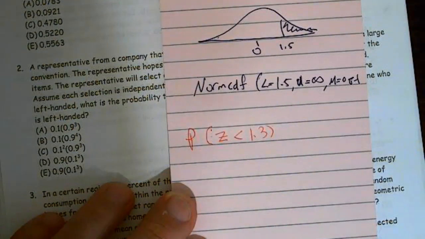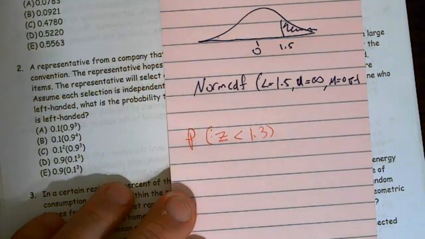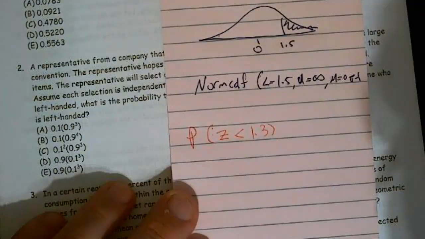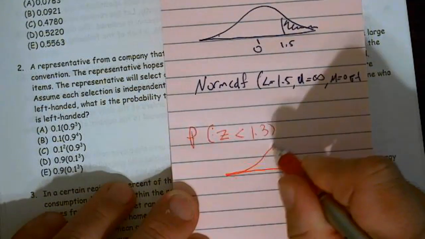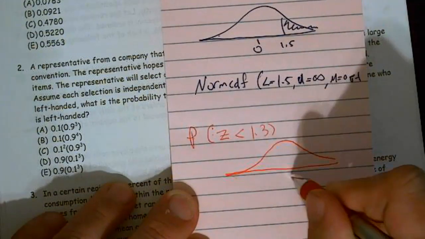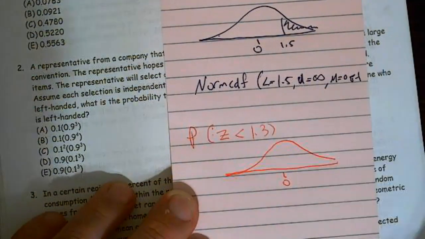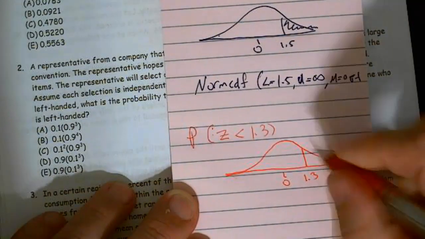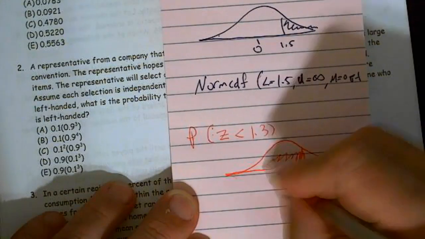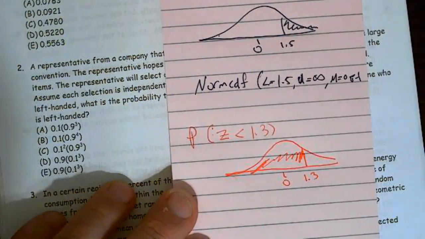And so if I were drawing my graph, I'm going to switch pens up. Pen does not work very well. And once again, we're always centered at 0 because it's a z-score. Well, less than 1.3 means we're looking for this area right here.